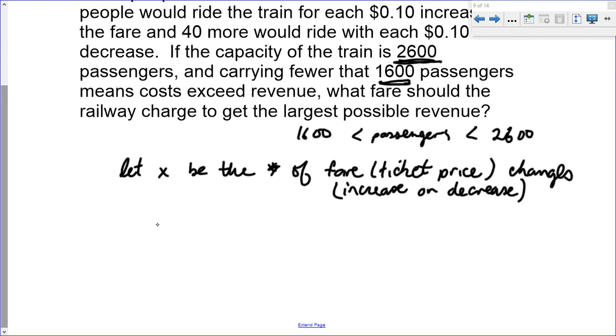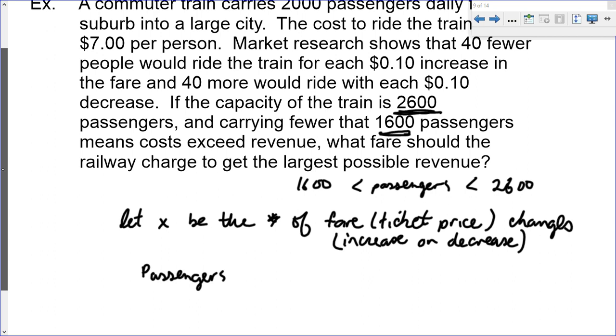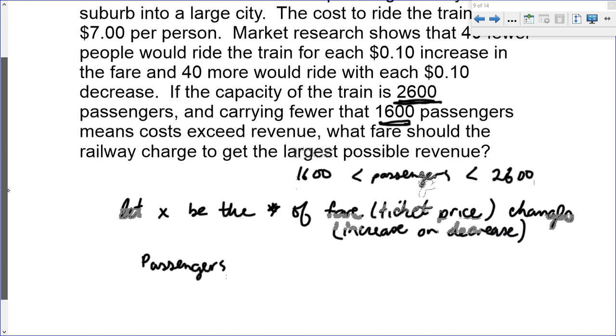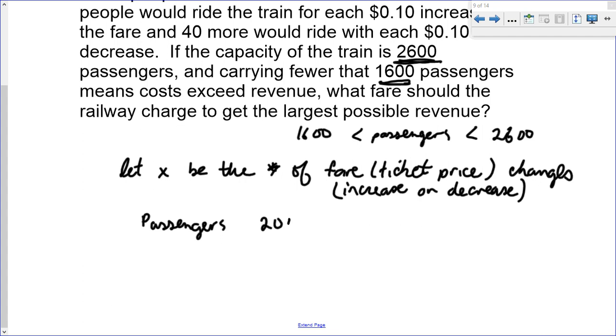Now, the passengers in terms of x, we have that information. The number of passengers is 2,000 minus 40x. As I start the mathematics of this type of question, I'm going to assume that x is going to be a positive number.